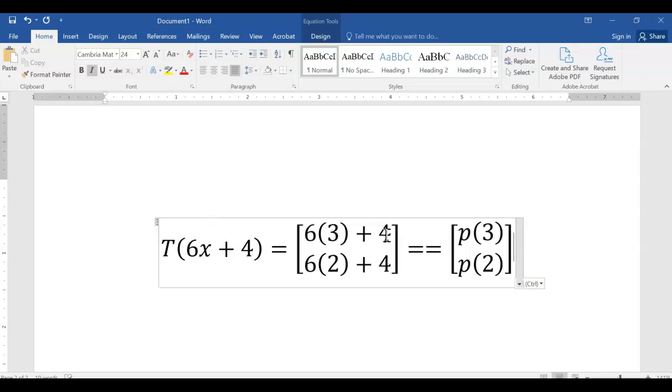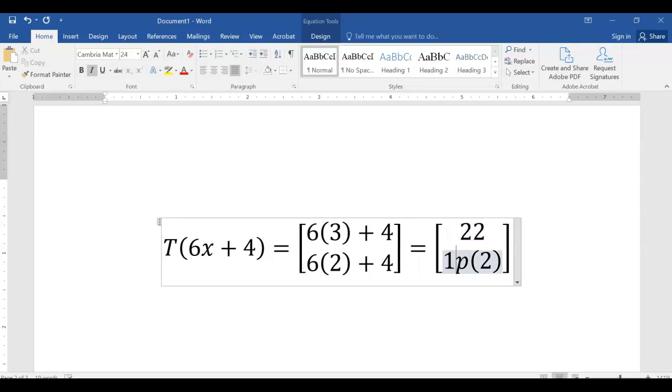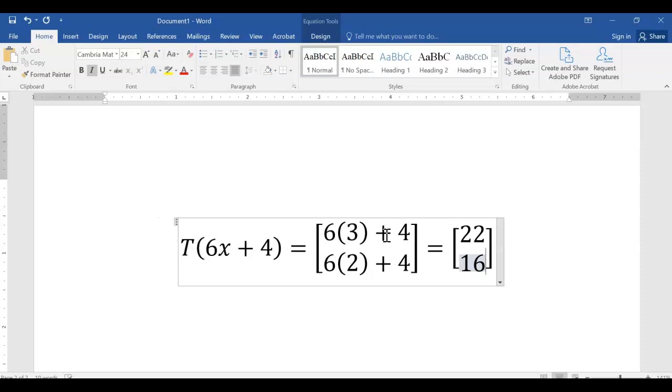So what do we get? Well, when I plug in 3, I got a 22. When I plugged in 2, I got a 16. Hopefully I've done my calculations right. Obviously, double check those in case I've messed that up.